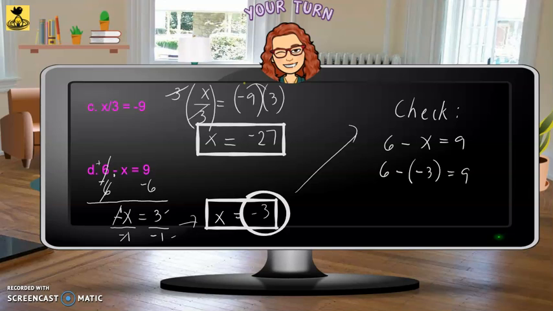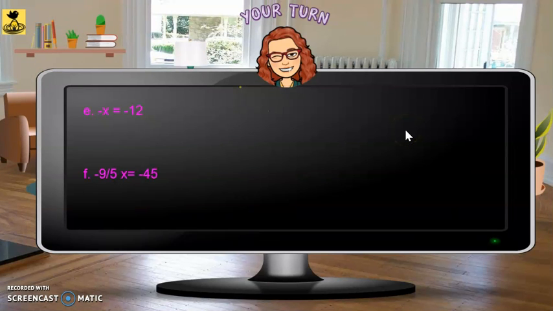So 6 minus negative 3, it means you will add 6 plus 3. So is it equal to 9? Of course. So 9 equals 9. So we have shown that the left and the right are the same. So we can conclude that our answer is correct. x equals negative 3.